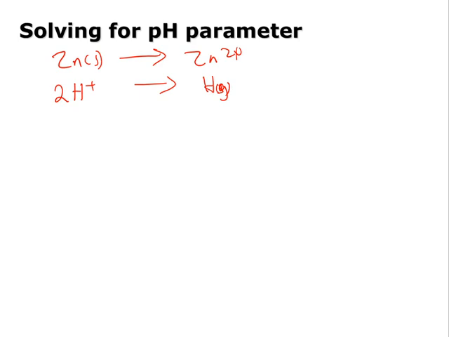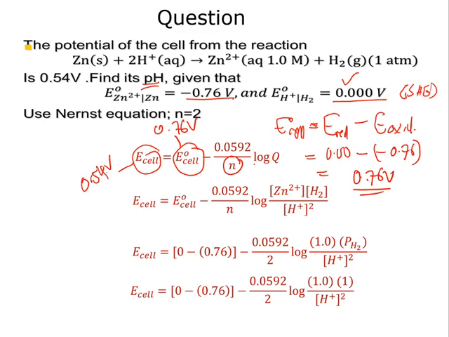We use the same concept. There are 2 positive charges here, so you add 2 electrons. There are 2 hydrogens here, so when you multiply 2 by plus, they give you 2 positive charges, so you add 2 electrons to balance up. So in short, 2 electrons, 2 electrons, meaning n is equal to 2. So from our equation, n is equal to 2.